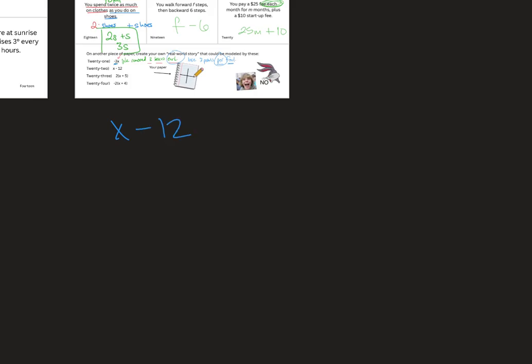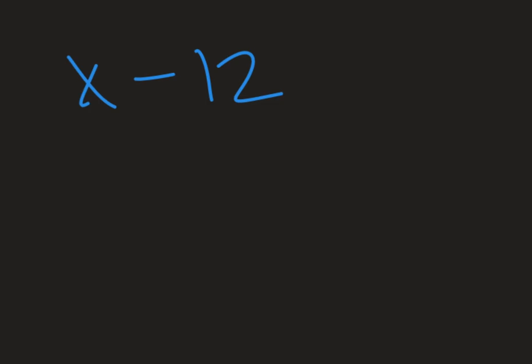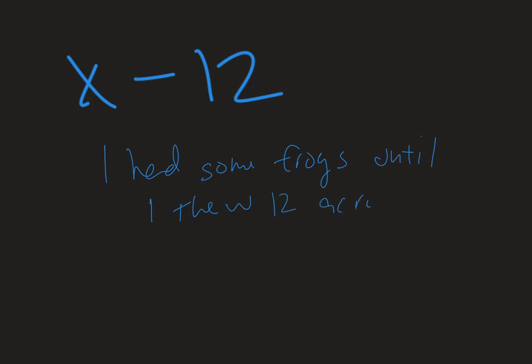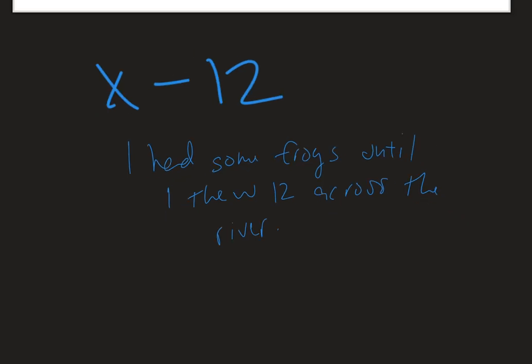X minus 12. X is just a thing we don't know. So it could literally be anything. In fact, one of the goofier examples we had was I had some frogs until I threw 12 across the river. That was an example we had in class.